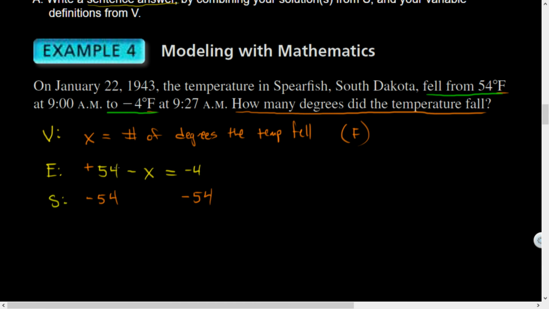And I'm going to get the opposite of x is equal to, that becomes more negative, that's negative 58. So guys, if the opposite of x is negative 58, what do you think the positive of x would be? If I change the sign here, I can change the sign there. I'm going to get x equals 58.